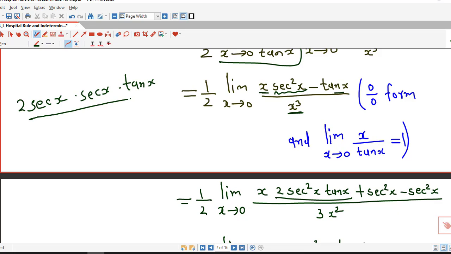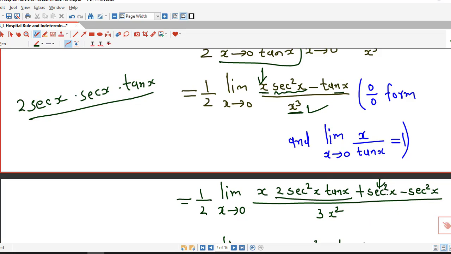So we have written 2 sec square x into tan x. So x as it is, derivative of sec square x is 2 sec square x tan x, plus sec square x as it is, derivative of x is 1, minus the derivative of tan x, which is sec square x. In the denominator we have 3x square.